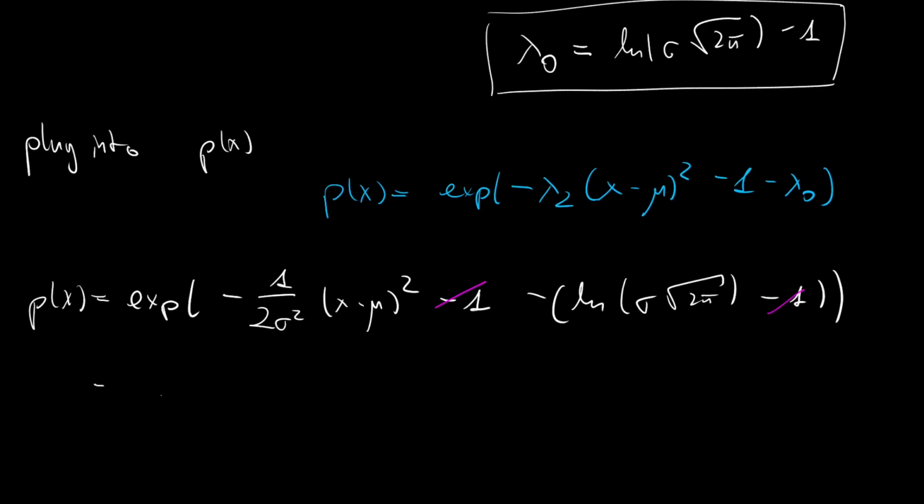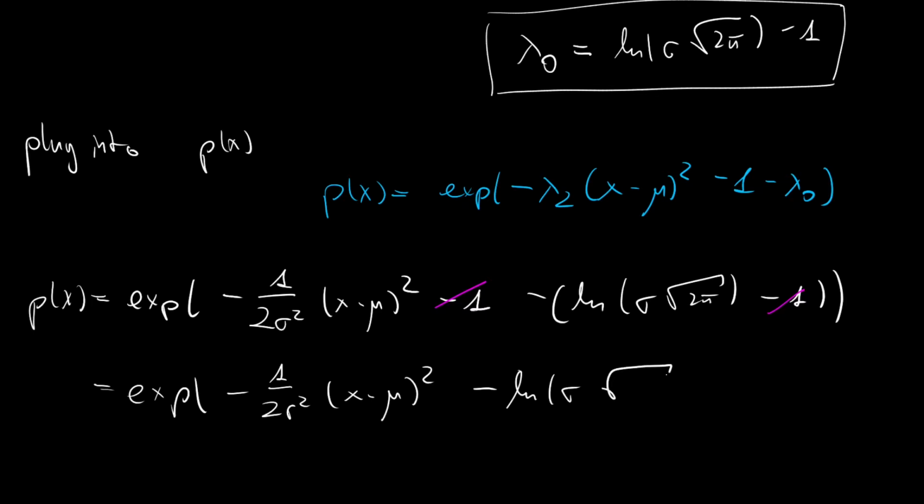Let's write this down again. So we have the exponential of minus 1 over 2 sigma squared x minus mu in brackets squared minus the ln of sigma times square root of 2 pi closing brackets for logarithm and for the exponential.